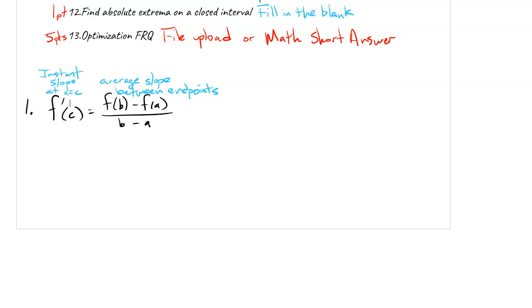Scroll down. Out of all 40 people, yes, Vincent is here, and he can type in the chat. That works. Okay, so you would be given some sort of a function. Let's just go with something straightforward, like f of x is x squared from 0 to 4.